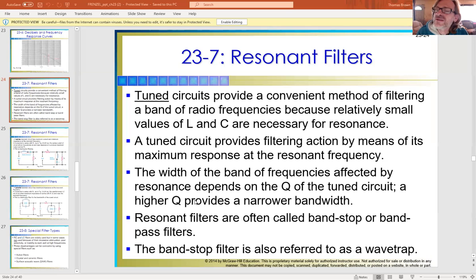So when we do need to set up a specific filter, and this works in power transmission as well, if we want to turn an AC signal into a DC signal, we could use something very much along these lines, because we know what our utility frequency is going to be: 60 hertz.